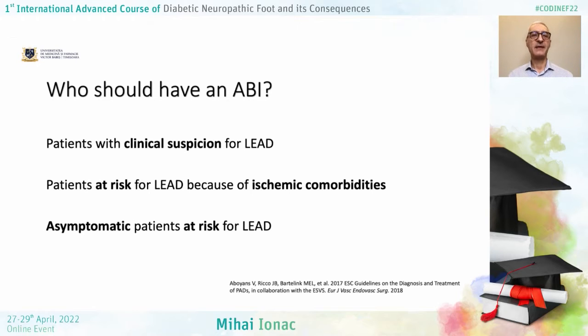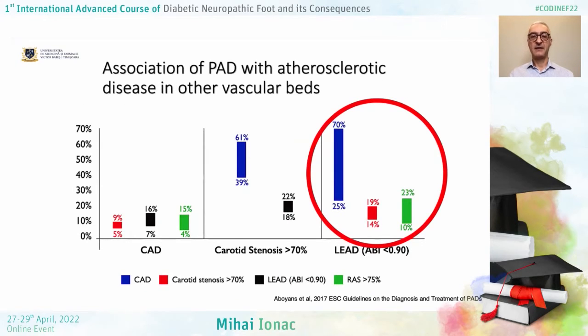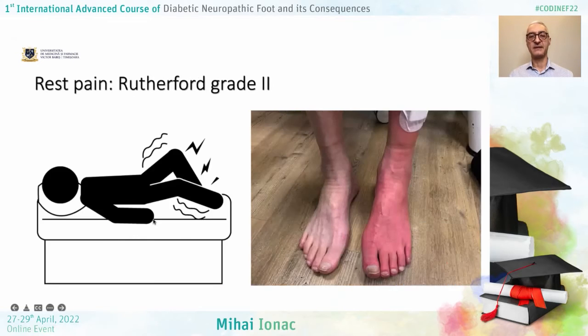Who should have an ABI? Patients with clinical suspicion for lower extremity arterial disease, and patients at risk because of ischemic comorbidities. If we find a patient with carotid stenosis, probably 1 in 5 may have lower extremity arterial disease. It is the same with patients that have coronary disease.